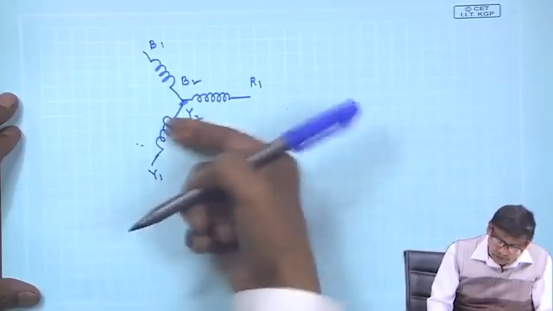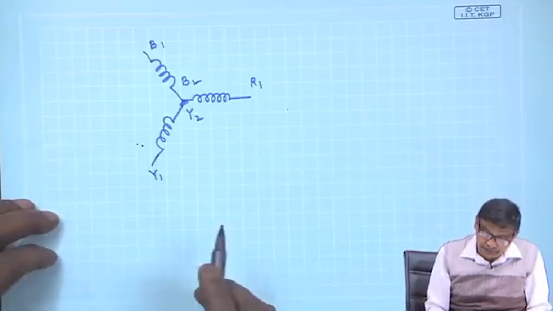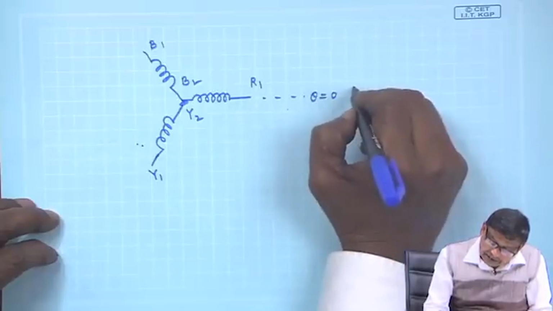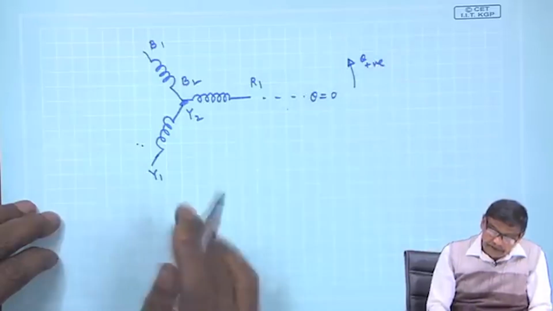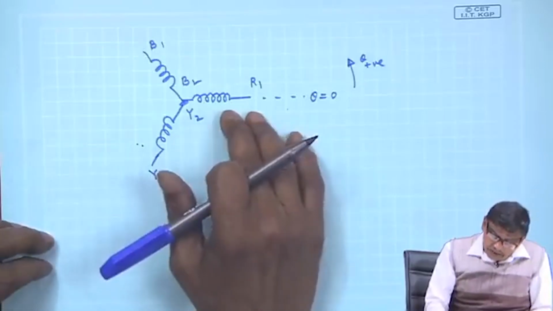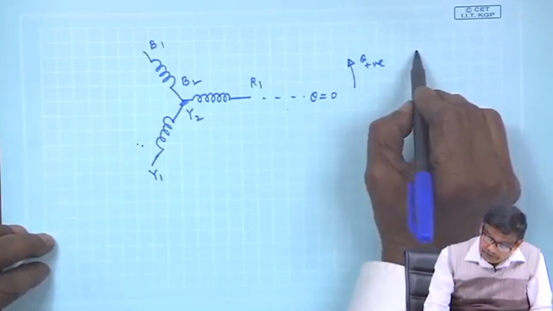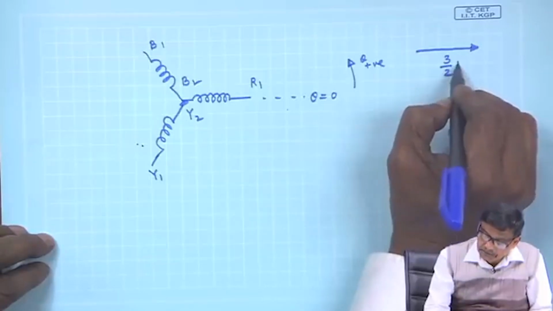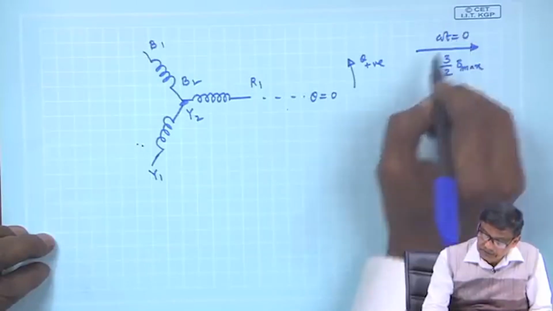When current enters through one terminal, field is away from the center, that is the direction of the field we have chosen, and this is my reference of theta equal to 0, and theta I will measure positive in this direction, theta positive. Okay. This was the thing. Now, I know at omega t equal to 0, I will do for that case. Omega t equal to 0, I found the field was here and it was 3 by 2 B max at omega t equal to 0, B resultant.